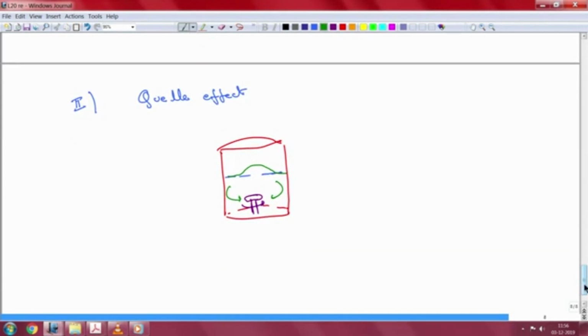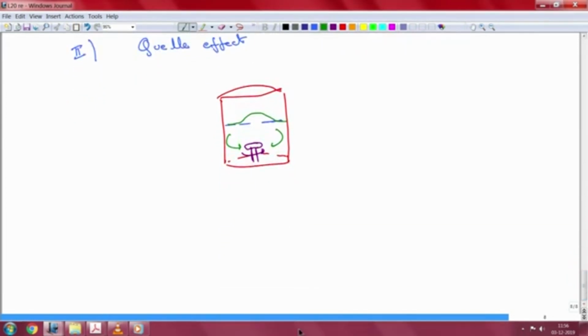Now, there are many other classical effects that you will probably encounter when you start reading up about non-Newtonian fluids. For example, there is an effect called the die swell effect.